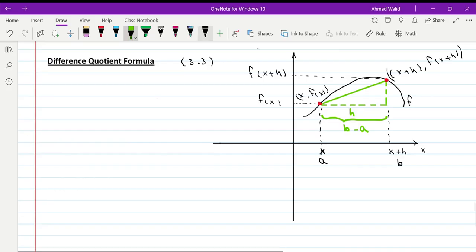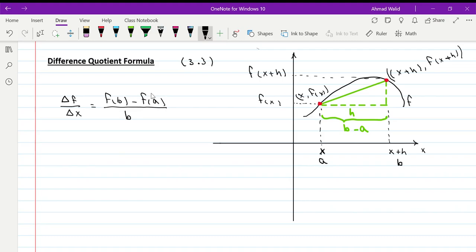Then the formula that we used before, which was delta F over delta X equals F of B minus F of A over B minus A. If we change the names on the right side, you will see this formula becomes, instead of f of b, f of x plus h.